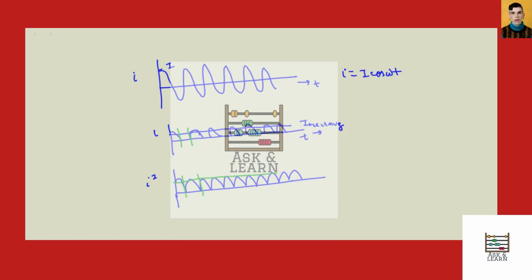So let's say this is the value, and definitely this has to be greater than the I rectified average. So we have IRMS greater than I rectified average. So that's your answer for this question.